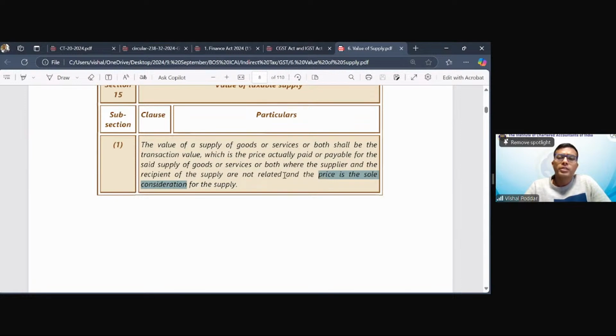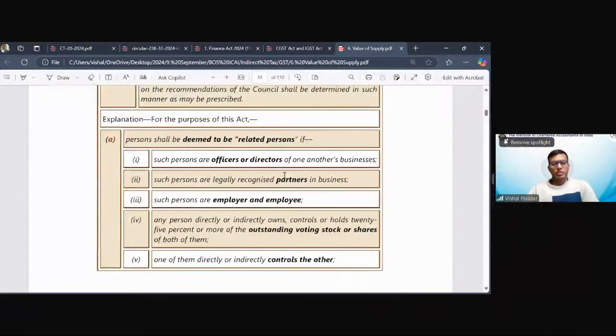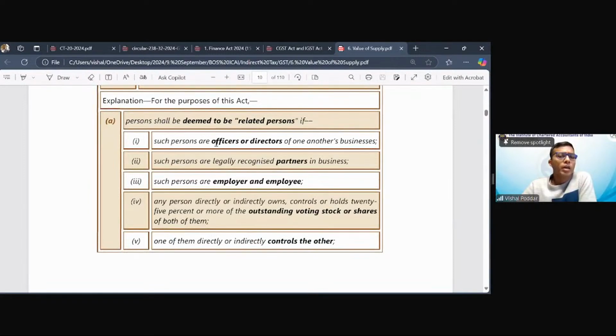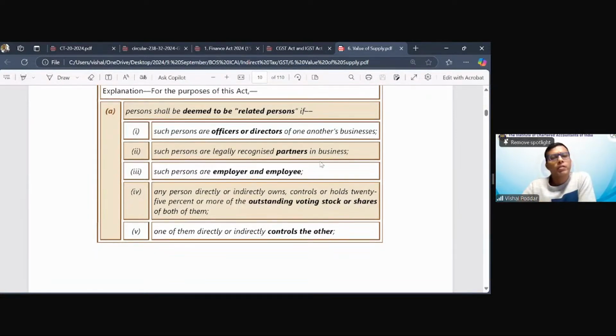Now, when is buyer and seller said to be related? For that, the section gives an explanation. It says that two persons shall be deemed to be related if, one, they are officers or directors of one another's business. So mainly here, company and the directors are covered. Two, they are partners in the business.